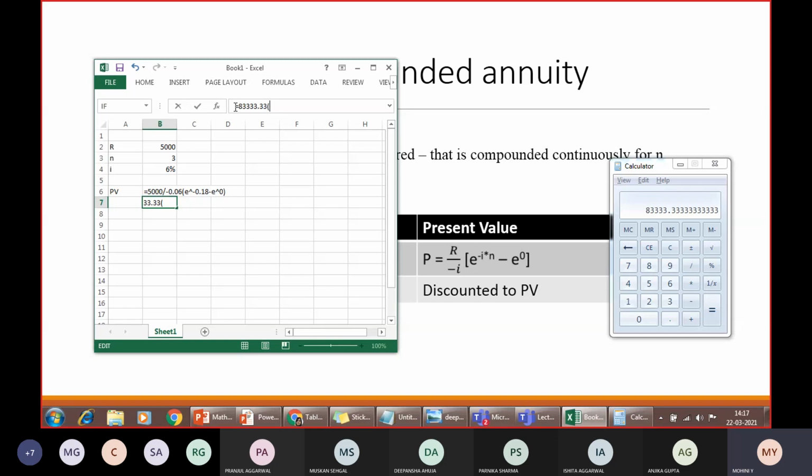So it is coming out to be 0.8353. So this is the value, minus 1.